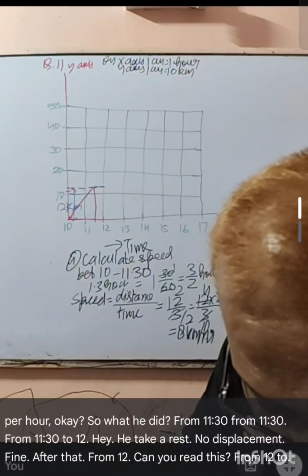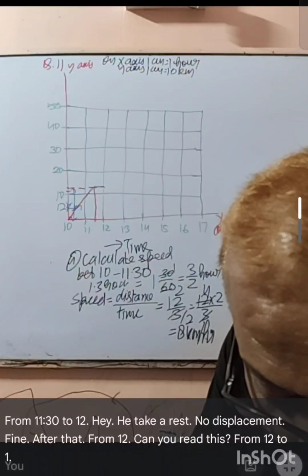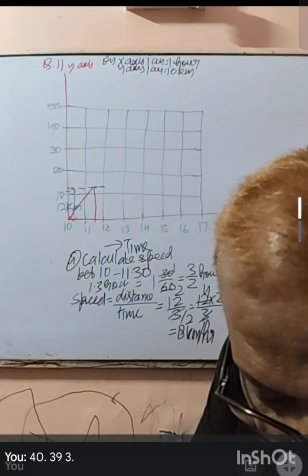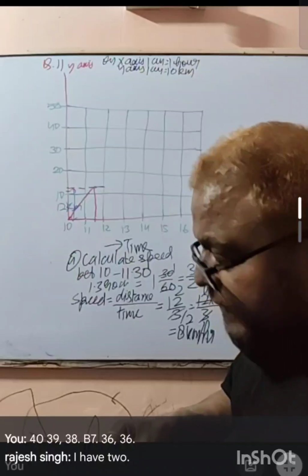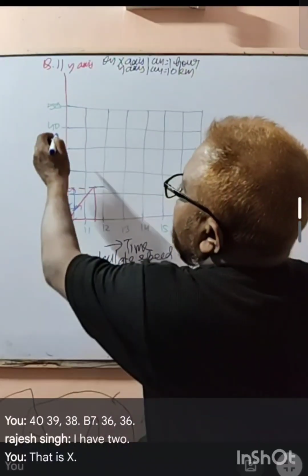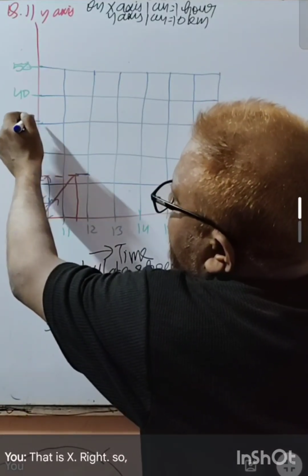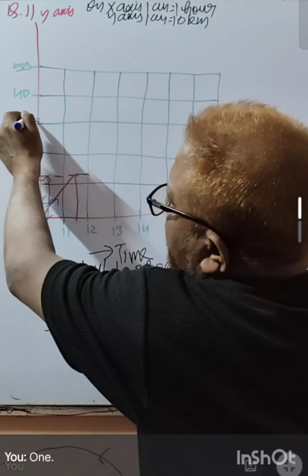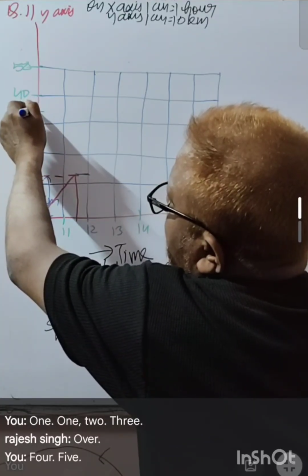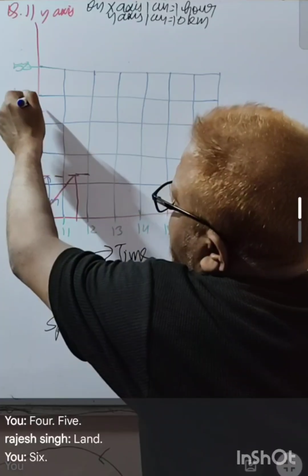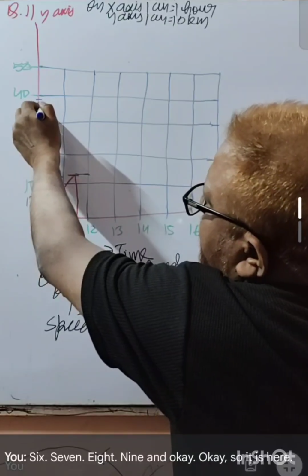From 12 to 1, 40, 39, 38, 37, 36. So it is here.